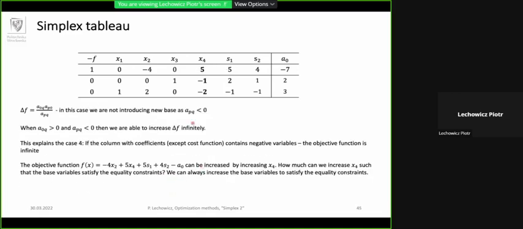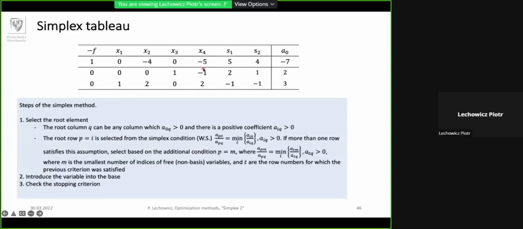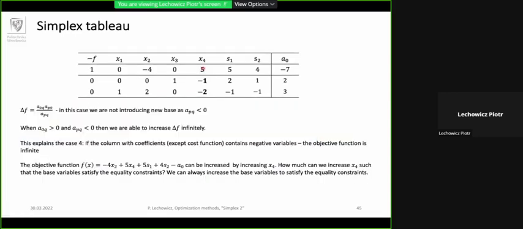And in the last case, if the reduced cost is positive, and if all the coefficients in that column are negative, we are able to increase our objective function infinitely.